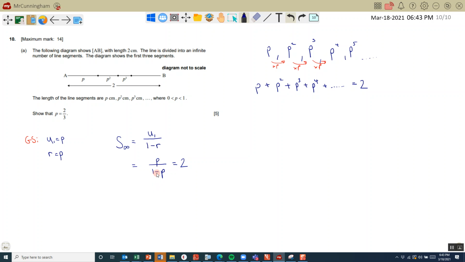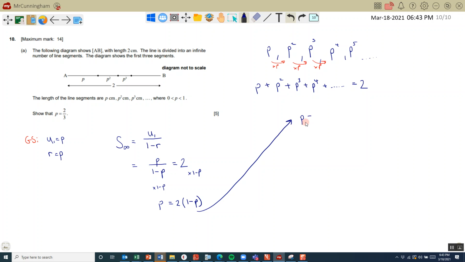So in order to solve this, I'm going to multiply both sides by 1 minus P. So I get P on the left-hand side, and then 2 times 1 minus P. I'm just going to take this up here. Obviously you would write it underneath, but I just want to get it all on the one page.